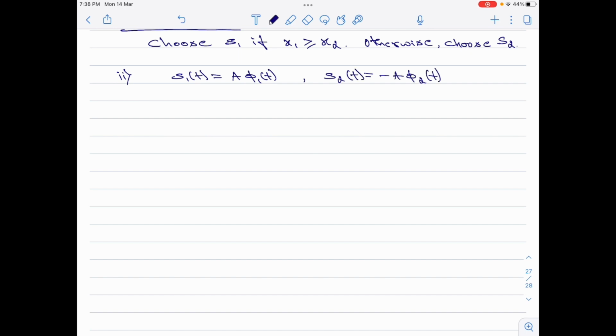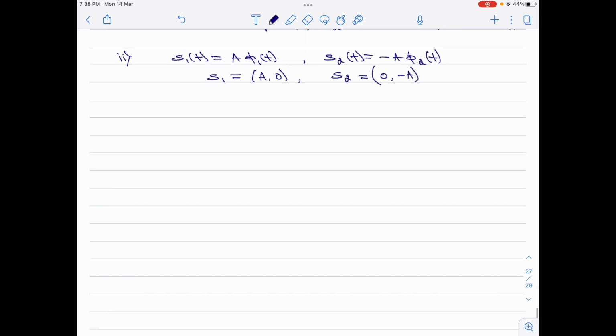By looking at the equations for S1 of t and S2 of t, now I can write the signal vectors as S1 equals a, 0 and S2 equals 0, minus a. Then I will continue for the constellation diagram.